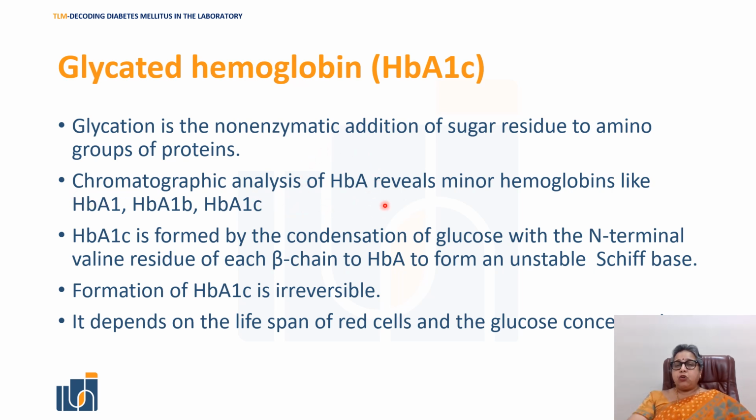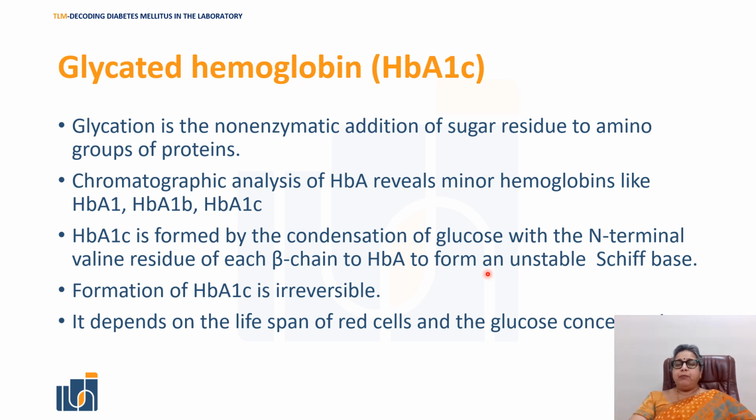Chromatographic analysis of hemoglobin A, which is the adult hemoglobin, reveals minor hemoglobins like HbA1, HbA1b, and HbA1c. Now, HbA1c is formed by the condensation of glucose with the N-terminal valine residue of each beta chain of HbA to form an unstable Schiff base.